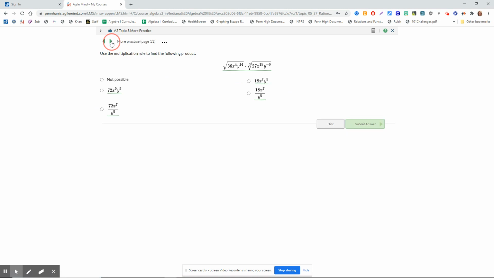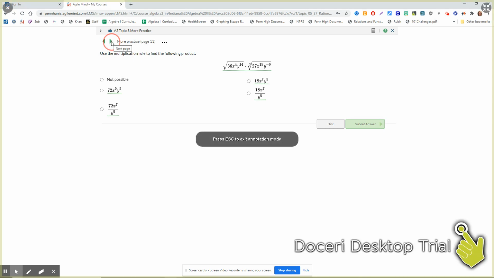Number 11. Again, guys, this is just simplifying this down. There are different ways that you can work through this problem. I know that the square root of 36 is 6. The square root of x to the 4th is x squared. And the square root of y to the 14th is y to the 7th.